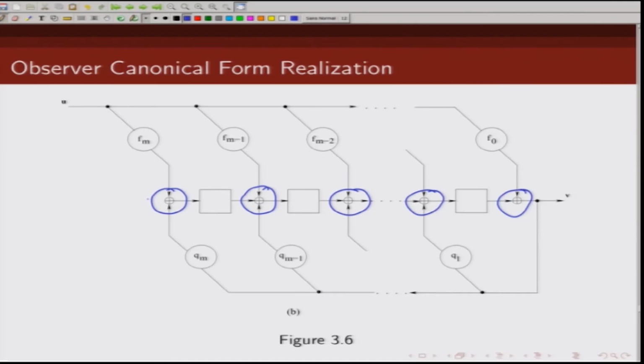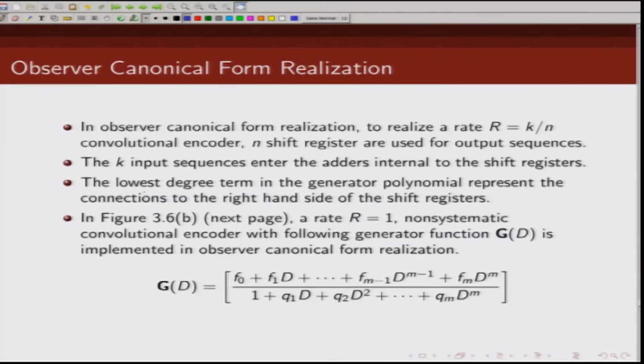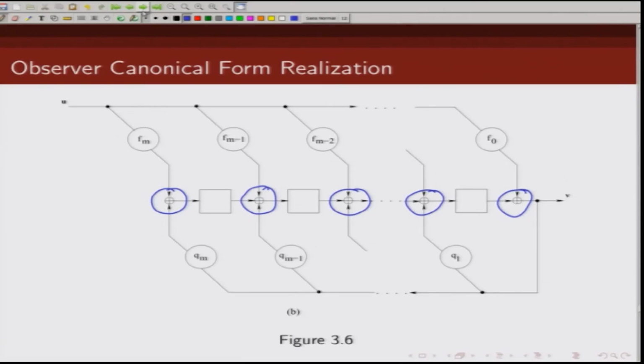Okay. And next thing that we said was the lowest degree term in the generator matrix represents connection to the right hand side. You see here, the inputs are directly coming to the adder. So, this term corresponds to f0 u of d. This term corresponds to f1 d of u of d.